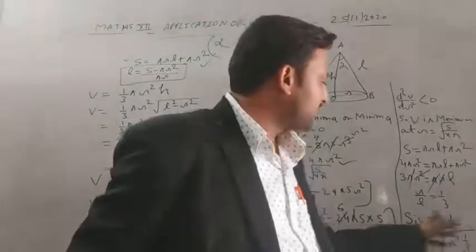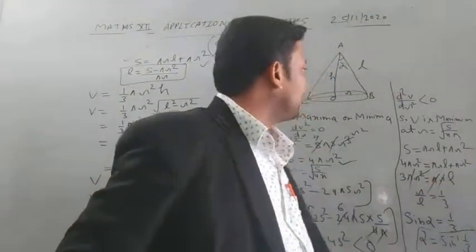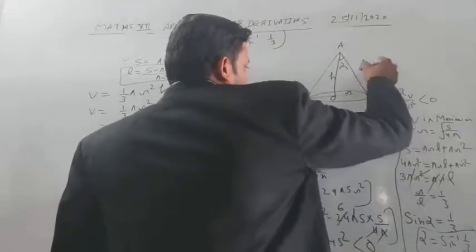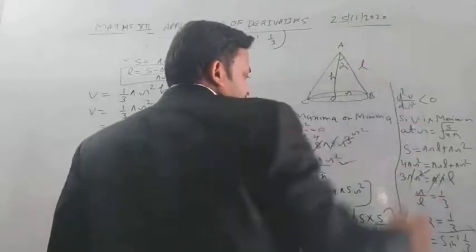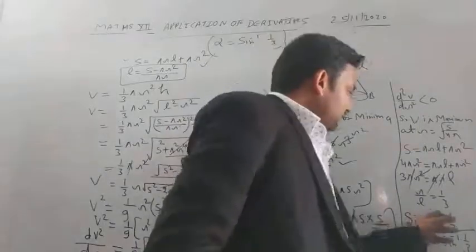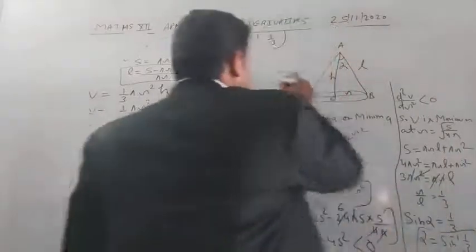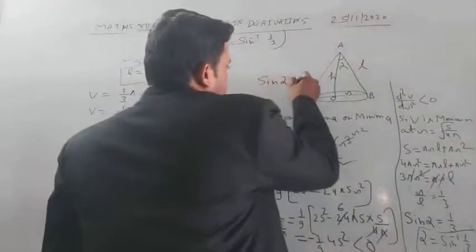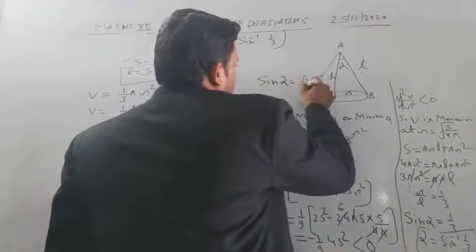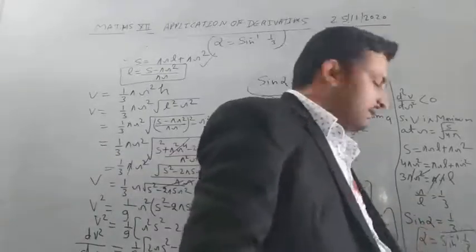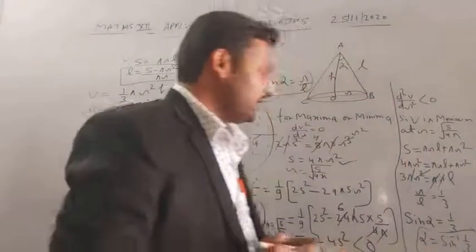After cancellation we get r by l is 1 by 3, and here sin alpha will be what? Perpendicular by hypotenuse, r by l. So in place of r by l we will write sin alpha equal to r by l. When we put this, we get alpha is equal to sin inverse 1 by 3.